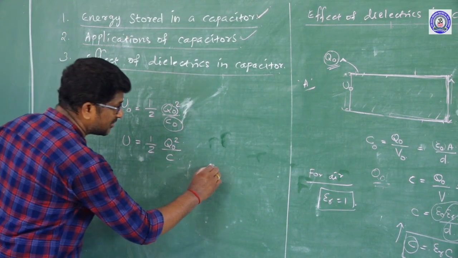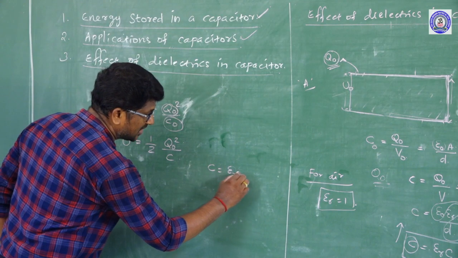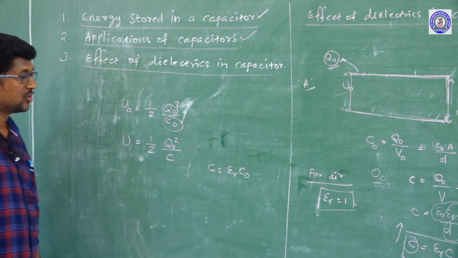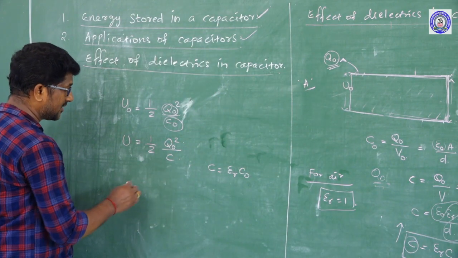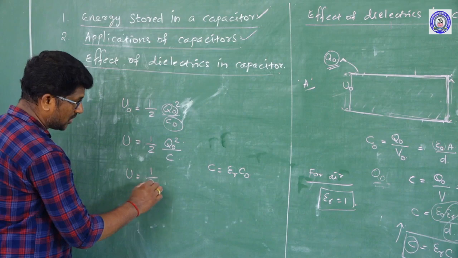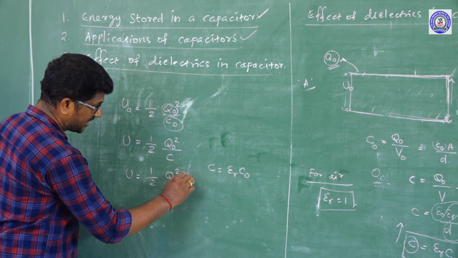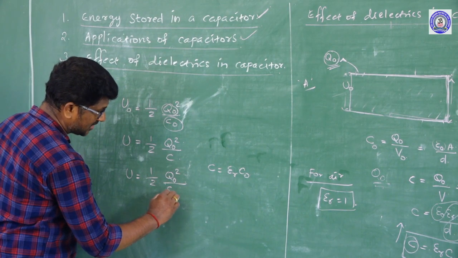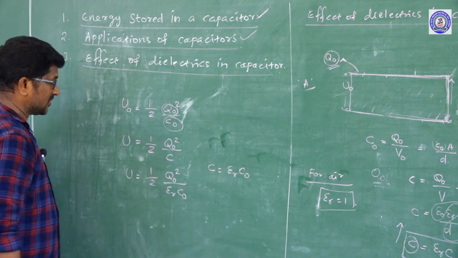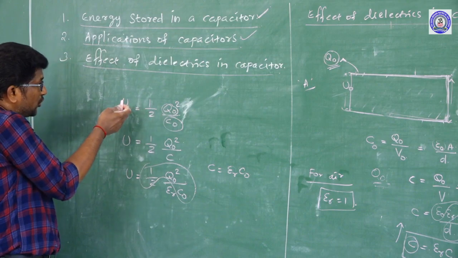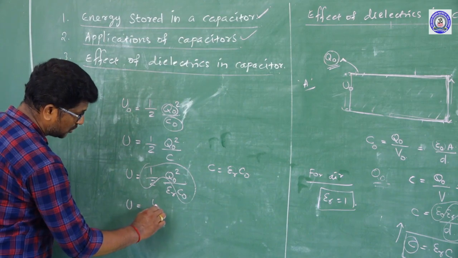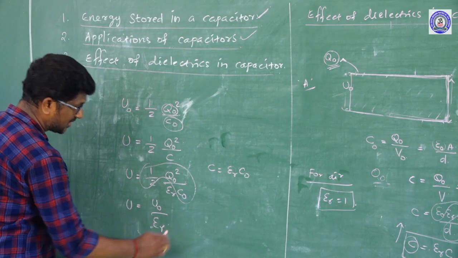The capacitance is given by C is equal to epsilon r into C naught. Substitute C is equal to epsilon r into C naught here. Then U is equal to half Q naught square divided by epsilon r into C naught, right. Half Q naught square divided by C naught is equal to U naught. Therefore, U is equal to U naught divided by epsilon r.